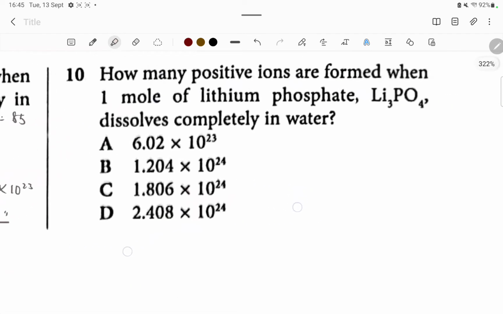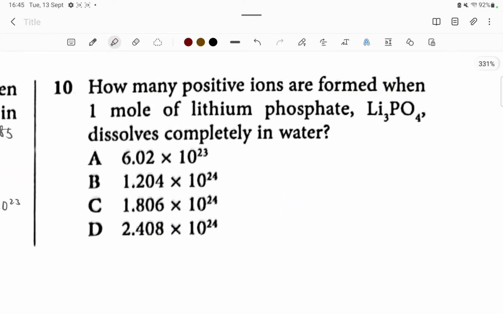Number 10. How many positive ions are formed when 1 mole of lithium phosphate dissolves completely in water? When they dissolve completely in water, it means they ionize, they become ions.